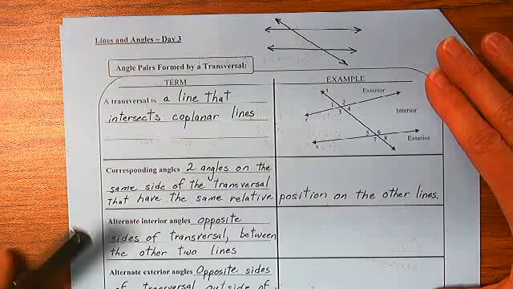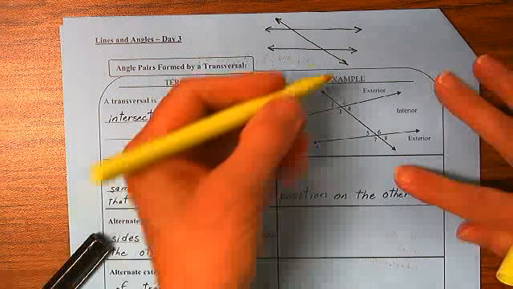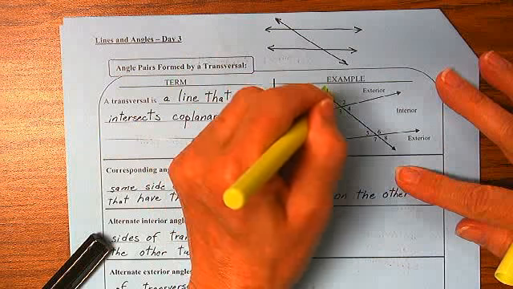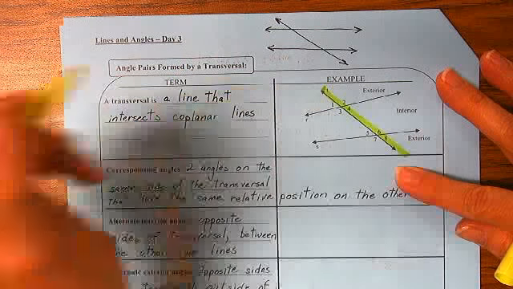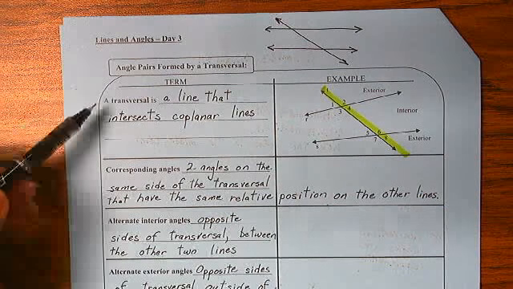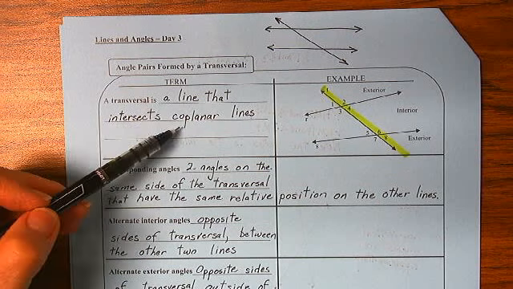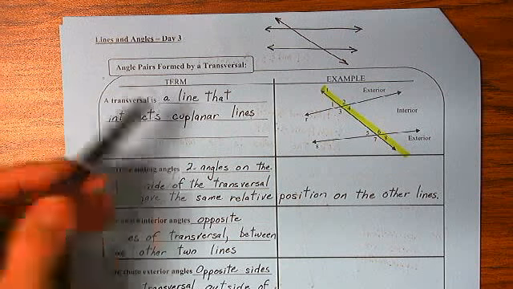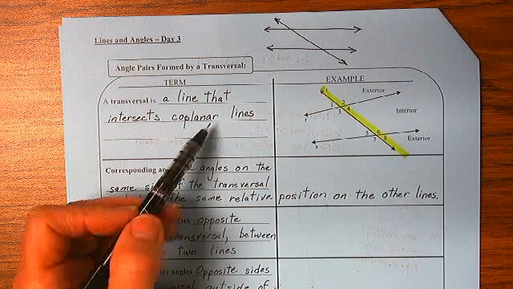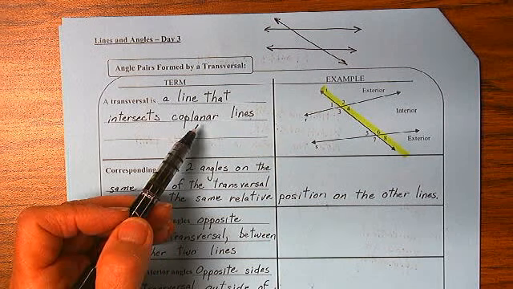So in our example here, line T is the transversal. We can describe a transversal as a line that intersects coplanar lines. We have to say coplanar so that everyone knows we are not talking about skew lines.